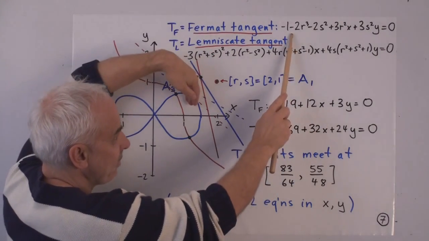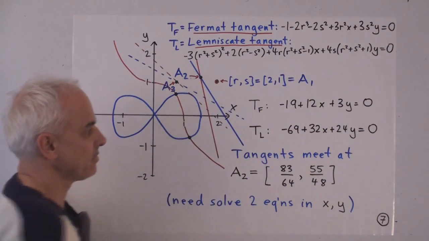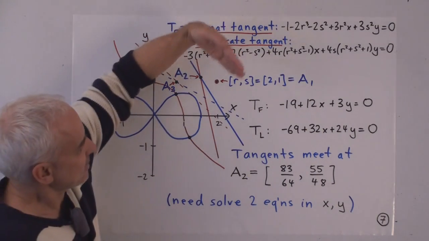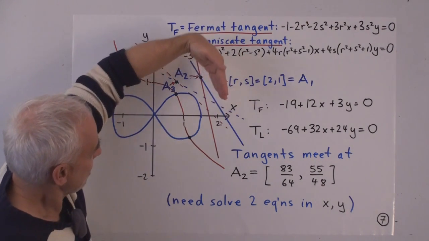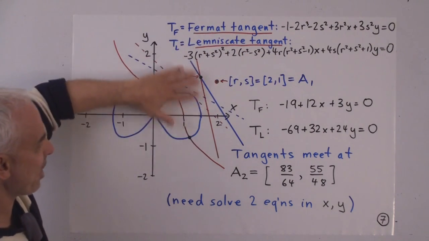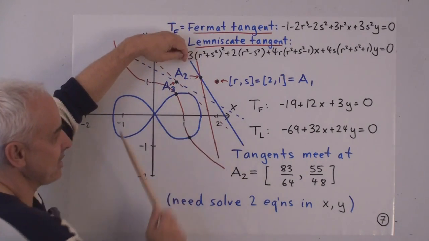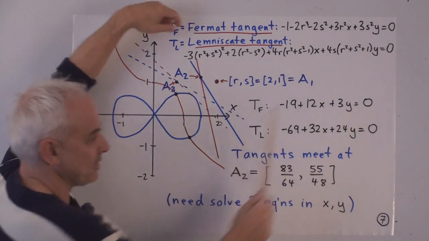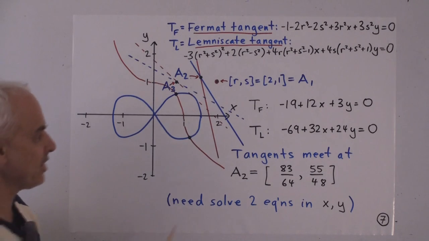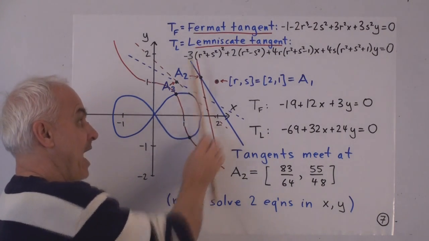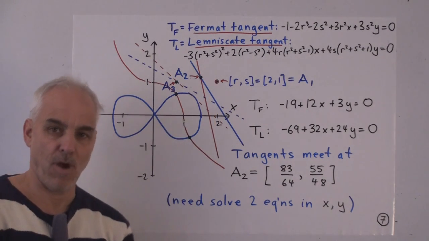These are the values that we get when we plug R equals 2 and S equals 1 into this equation here. Now that tangent plane in this three-dimensional situation cuts the XY plane in this red line. That red line is what we get when we set this equal to 0. So we can say that this line is the tangent to the Fermat curve at this point A1.